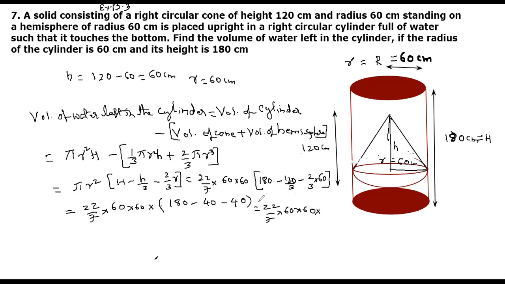So 180 minus 80, it will become 100. Okay, now check the answer whether we are getting the answer or not. Just check it. 100 into 60 into 60 into 22 divided by 7. What is the answer? Check.